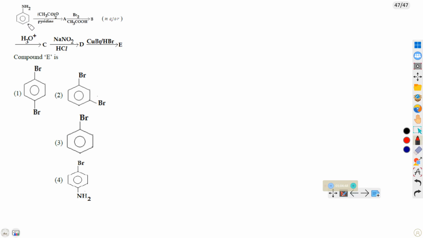Aniline reacts with acid anhydride, then it gives NHCOCH3, acetanilide. It reacts with bromine, then bromine is substituted at the para position.